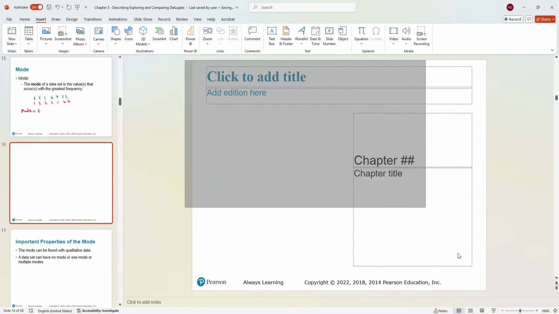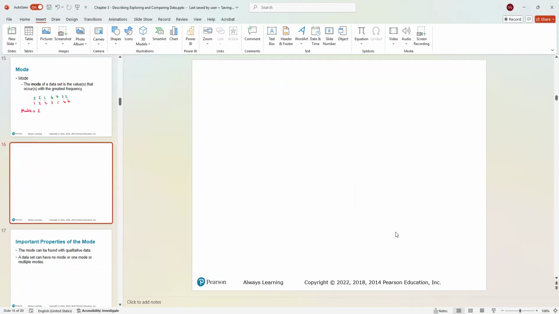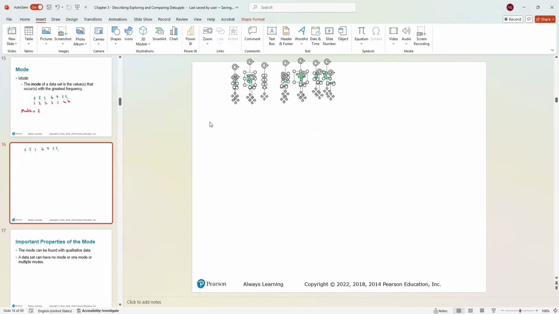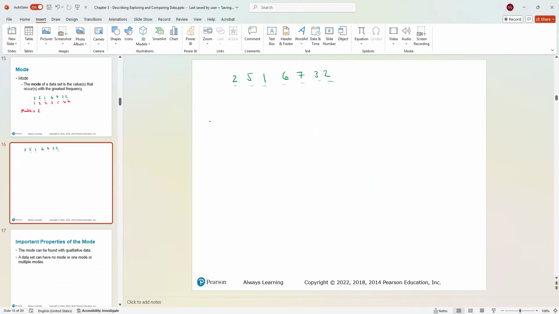You see, with such a small data set, if I said for the data set above, find the mean, median, and mode.